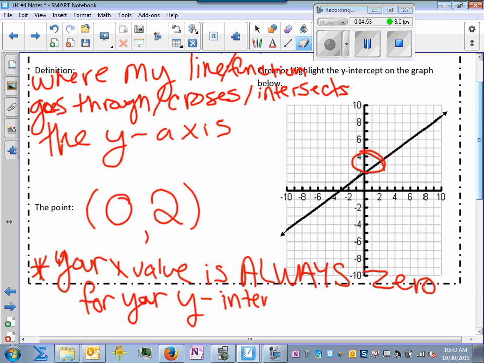I cannot spell. Okay? If you remember these rules, this is basically all you need to know with this part.